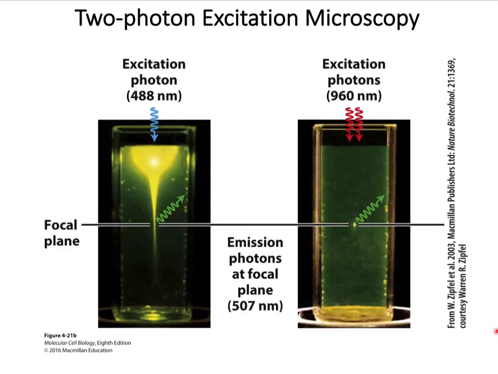So here is a comparison of the conventional confocal microscopy with two-photon excitation microscopy using a model. The model is two glass cuvettes with some kind of fluorescent material in it. As you can see on the left, the excitation wavelength of 488 nanometer high energy is causing a large amount of background by producing a cone of excitation outside the focal plane.